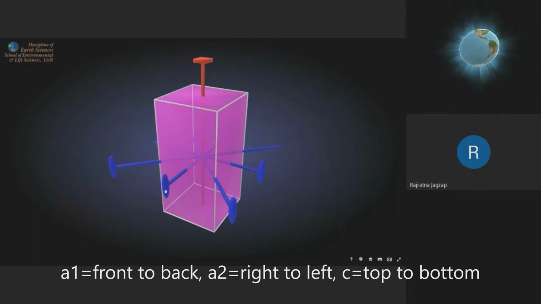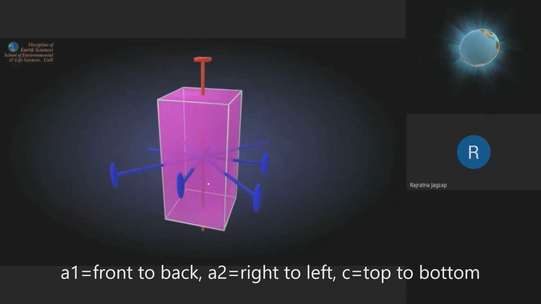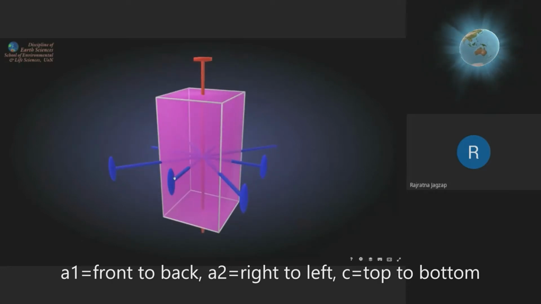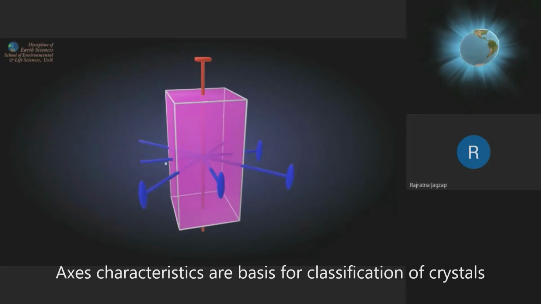The front end of the A1 axis is positive, and the back end is negative. The right-hand side end of the A2 axis is positive, and the left-hand side end is negative.